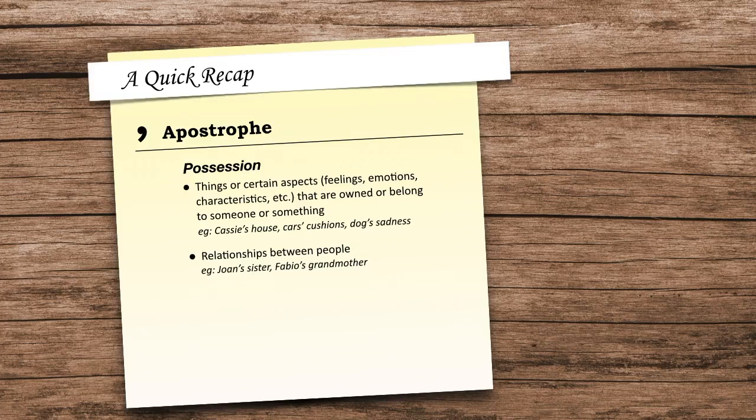Could be anyone. In addition to that, you can also use possession, which the apostrophe makes available, to talk about relationships between people. We spoke about Joan's sister and Fabio's grandmother. You could also talk about Harry's father in the same manner. So that's how you use the apostrophe to describe possession.